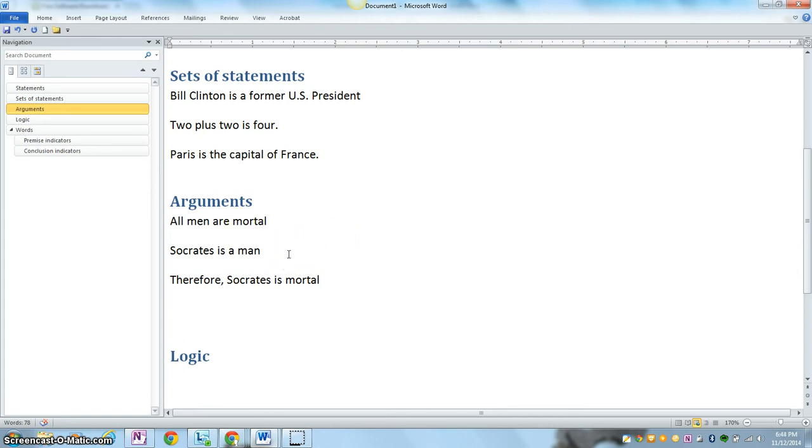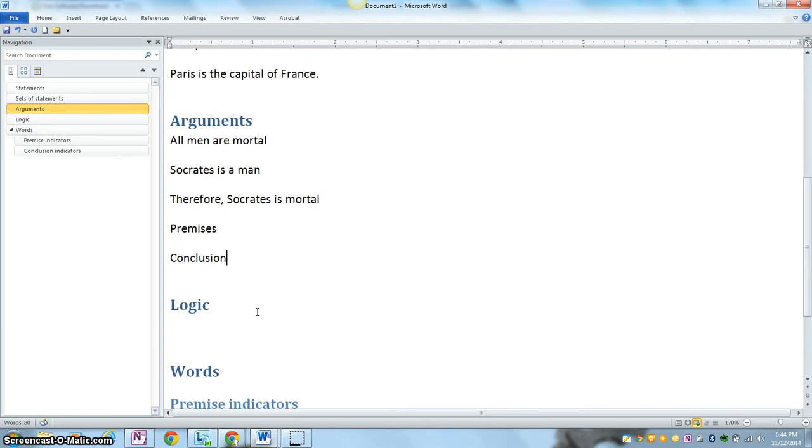The first two lines are the premises, and the statement that is supported by the premises, the statement that the premises are reasons for believing, is called the conclusion. So these are important bits of terminology that you need to remember that will be with us for the rest of the semester.